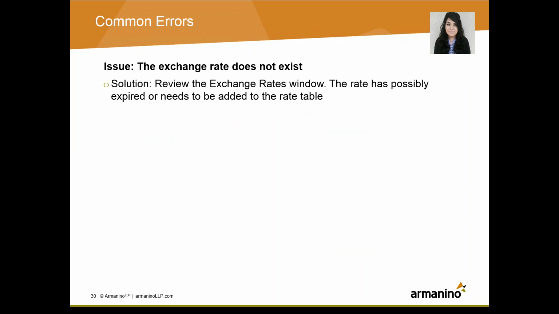What that means is the rate probably has expired or no longer exists in that table. If the rate exists but is outside of the time frame of the expiration date, you can go ahead and modify that rate and increase the number of days that it expires, or you can go ahead and on the fly add that exchange rate. This is fairly common and comes up quite often.